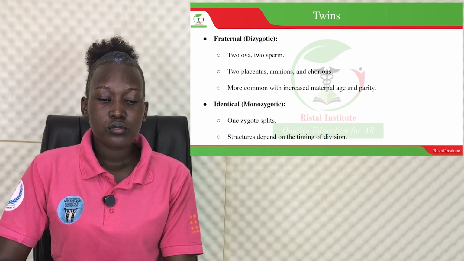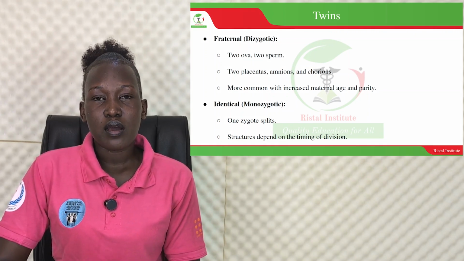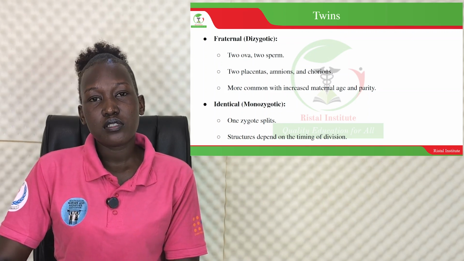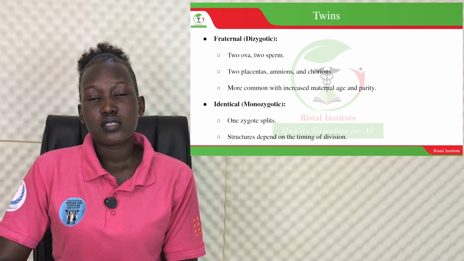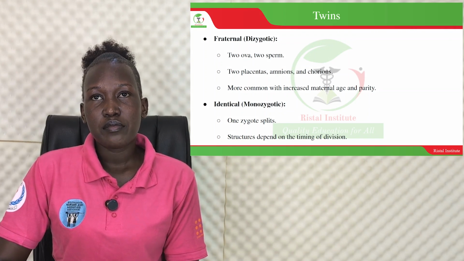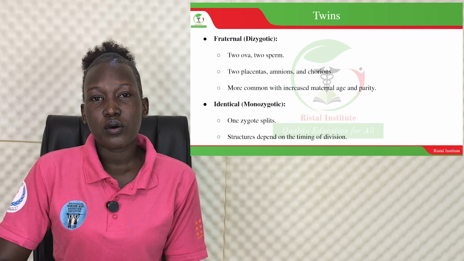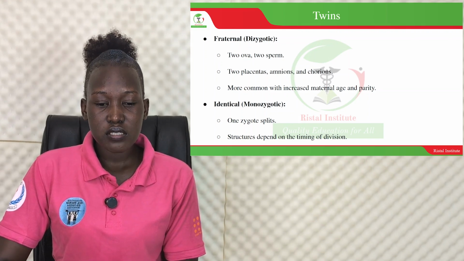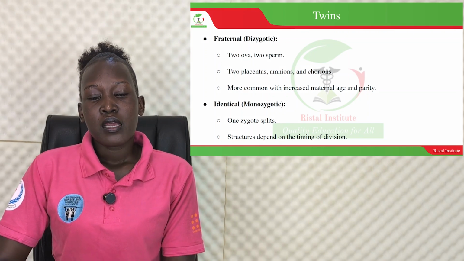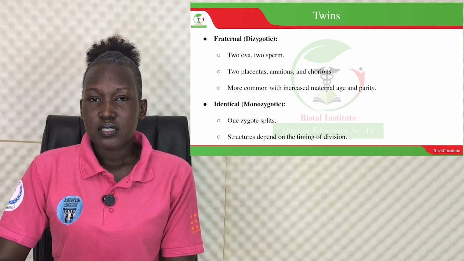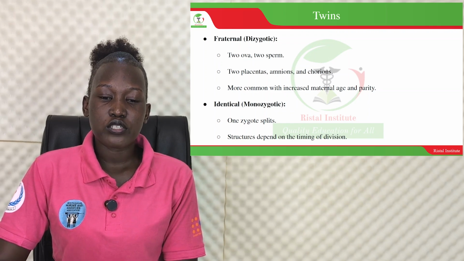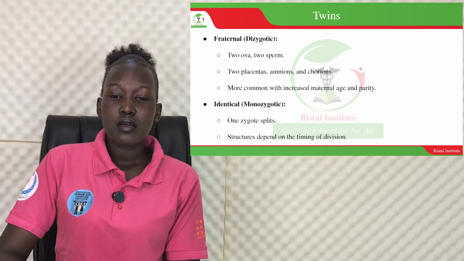So the structure depends on the timing of this division. If during the cell division, maybe the zona pellucida, the corona radiata was not hard enough, then the egg got split. So that is how twin pregnancy is able to come about.